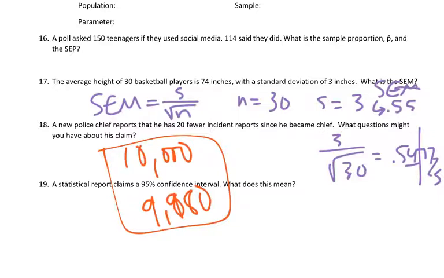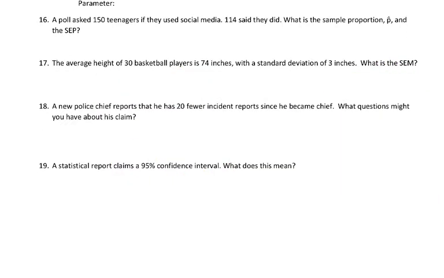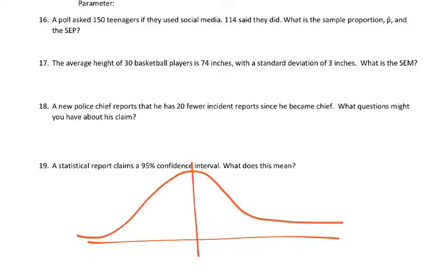So now looking at 19, a statistical report claims a 95% confidence interval. What does this mean? Remember, it has to do with the bell curve again. You've got your mean, and we've got 1 standard deviation, 2, and 3.